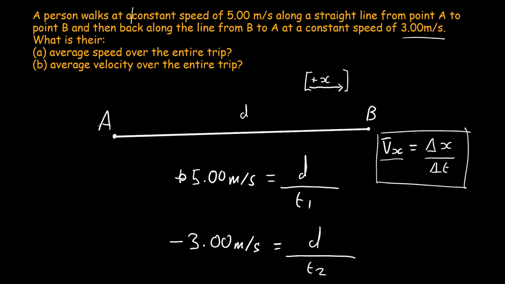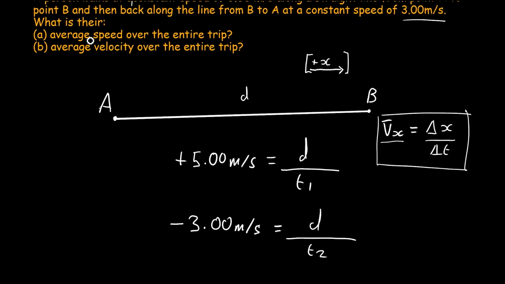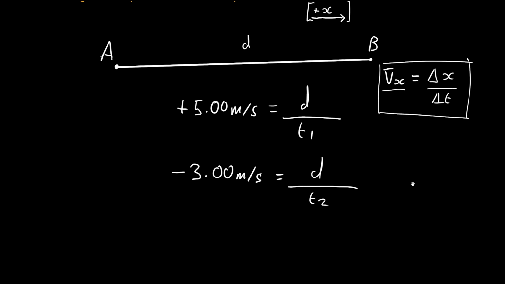So what can we do with these two equations? Well, because we want to find our average speed over the entire trip, not just from A to B or B to A, but from A to B to B to A, we can add these two equations together. And what's this look like?